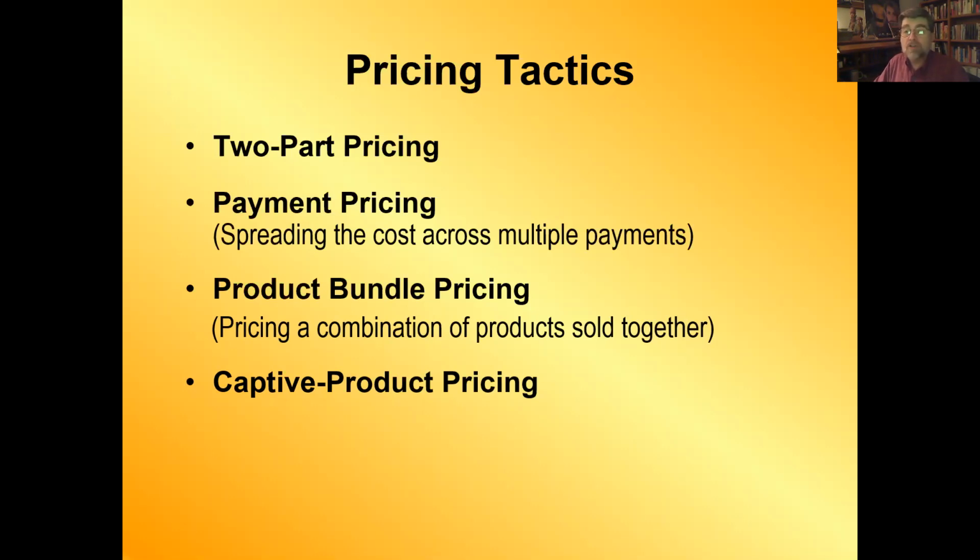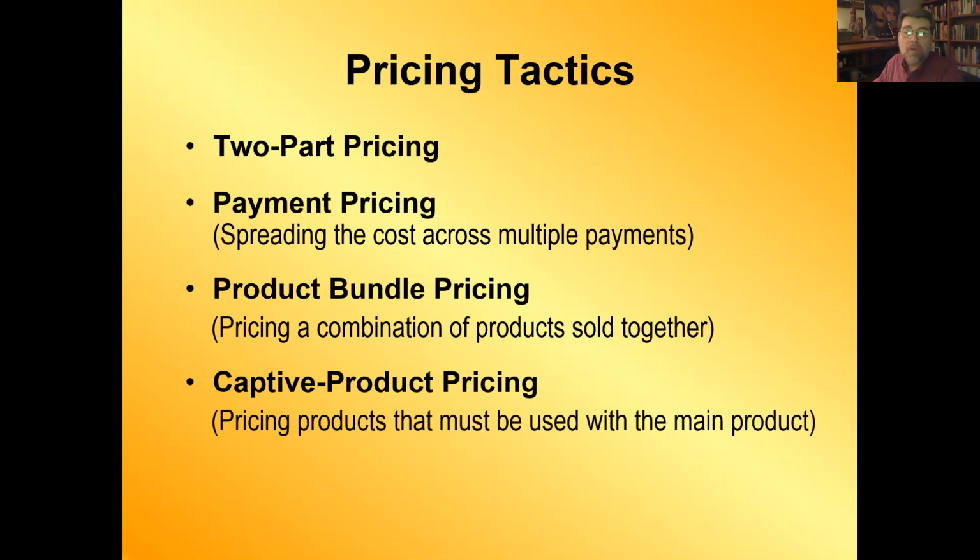They realized they could charge more, because if you have a $500,000 X-ray machine but no tube, that machine is worthless. So they could make a lot of money that way on replacement parts. So this is pricing products that must be used with the main product.